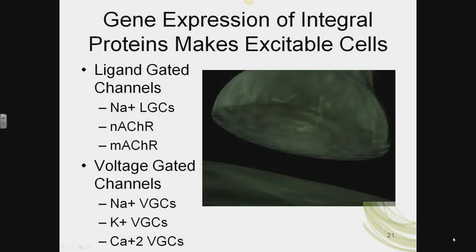That means when the voltage-gated channel opens, sodium's allowed to flow. You have potassium voltage-gated channels. That means when that voltage-gated channel opens, potassium gets to flow. And you also have calcium voltage-gated channels, which I'm sure you know by now, means when that channel opens, calcium will flow through it.